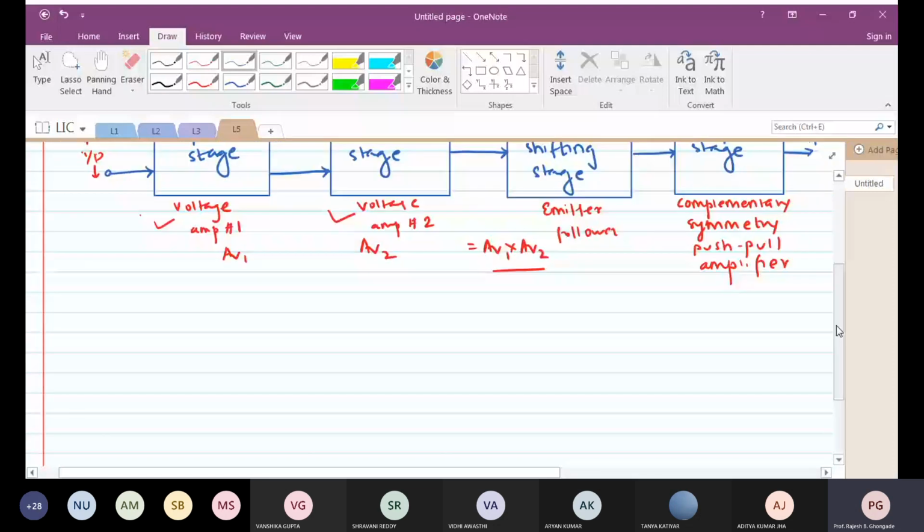So we expect basically that op-amp is to have, yes, what are the features? What are the important things that we have discussed? Number one, high input impedance.